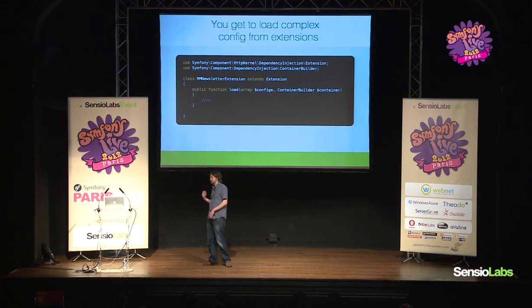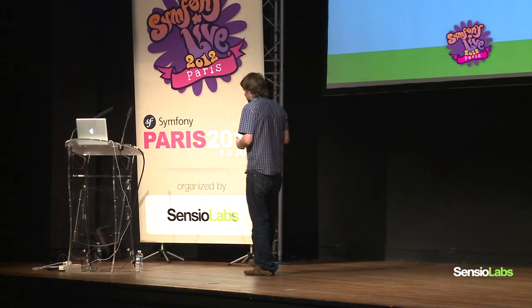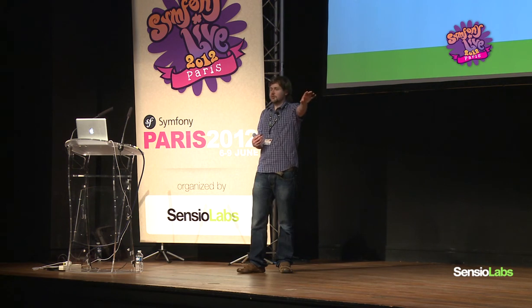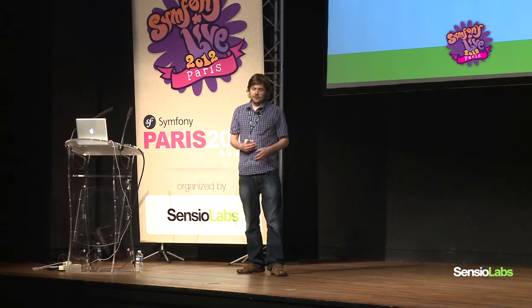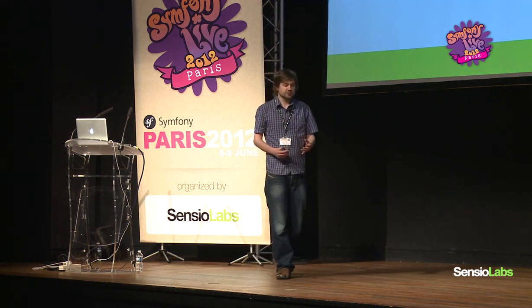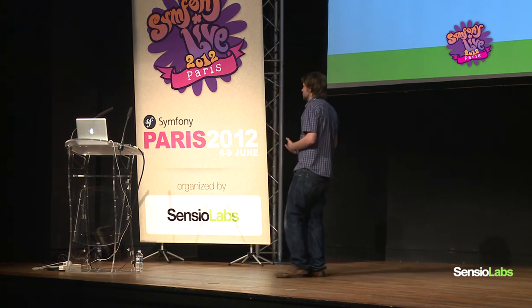But what you can't do in these is know what other configuration is loaded, because you can't say, well, if this other bundle exists and it's added these services, then I want to add these, because you don't know the order that the bundles are going to be loaded in, for one thing.